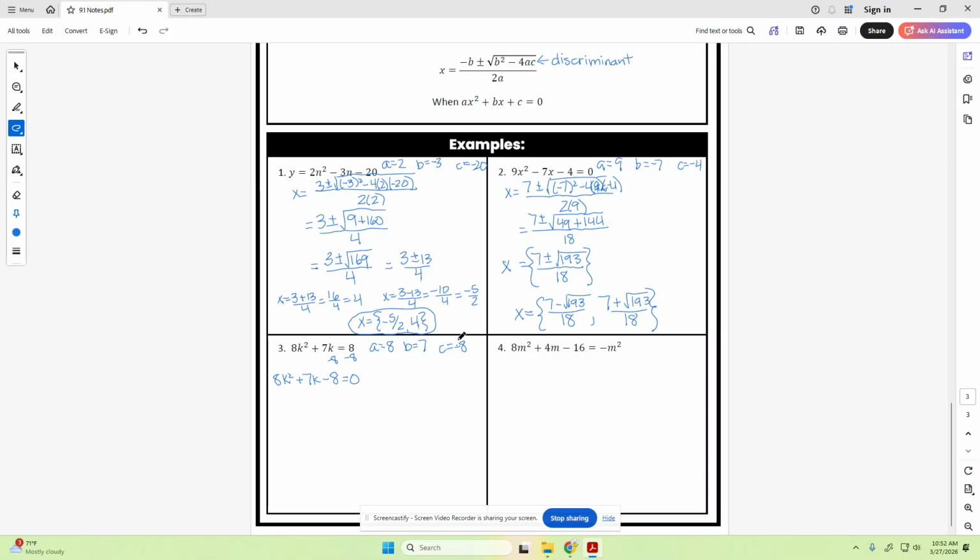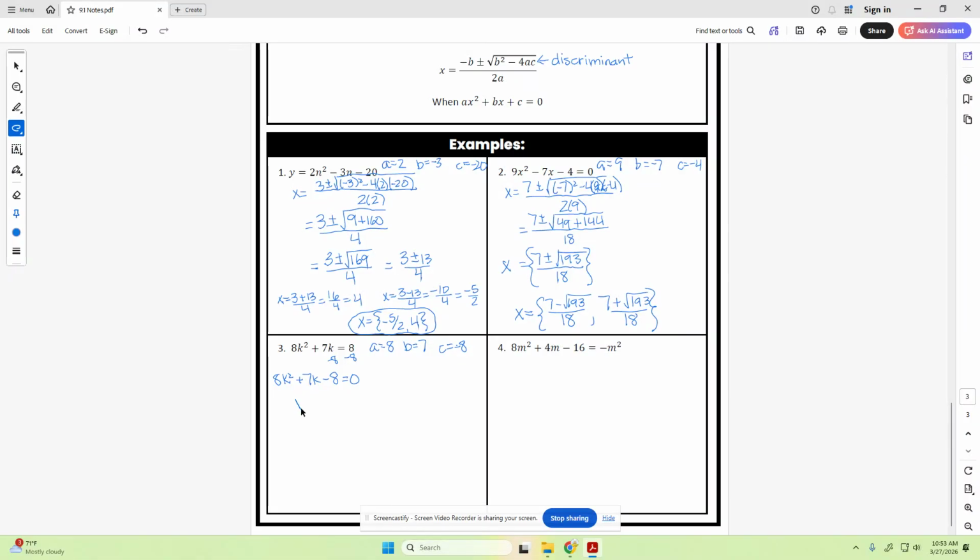So again, on this one, you can check to see if it will factor, but it will not. And the a value is greater than 1. Well, 7 doesn't divide by 8, so then you've got this b value that's a fraction. It would just get really messy to try to complete the square with this. So on a problem like this, our best bet is the quadratic formula.